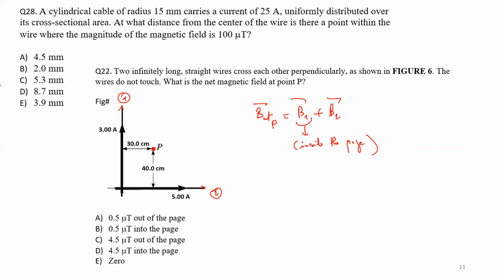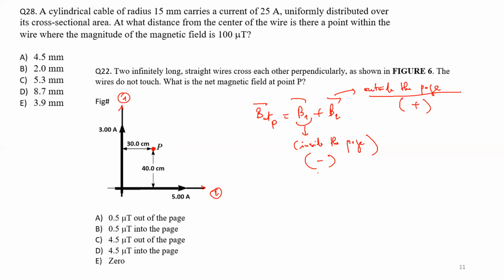What about B2? With my thumb along the current, my thumb will be pointing outward, so B2 is directed outside the page. Now, as I told you, inside the page I give it a negative, and outside I give it positive.